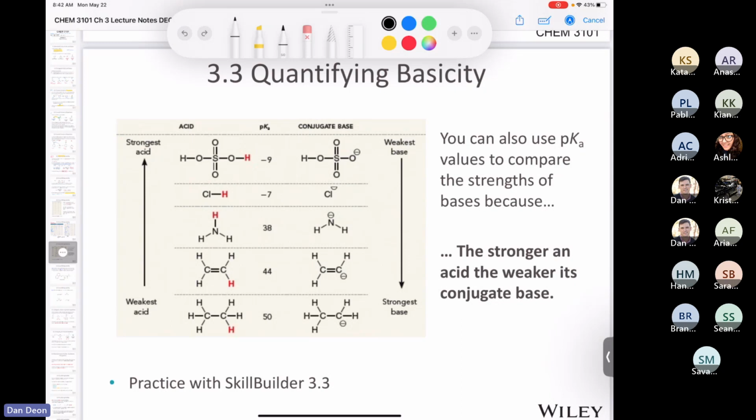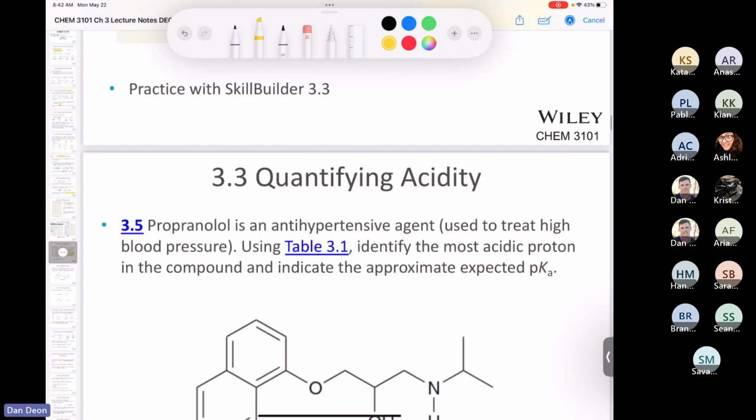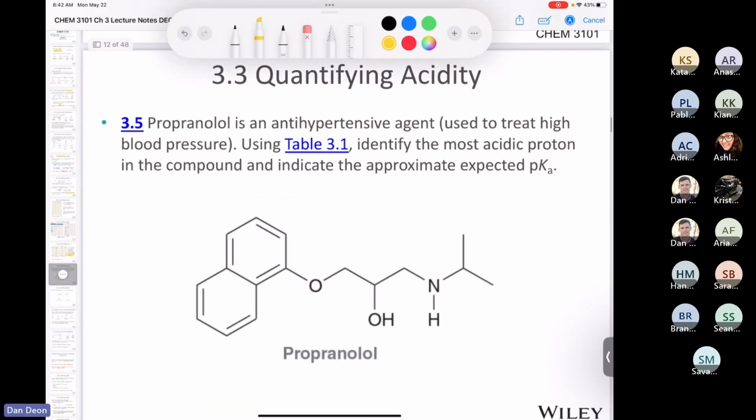But again, this is me just putting it on a slide. You need to know that the stronger an acid is, the weaker its conjugate base is. Is everybody with me so far? Now that we've covered pKa, any thumbs up on that one? Okay. All right, we're going to look at a couple of problems before we move on. We're going to try to identify some protons based on their pKa, and then we're going to look at some equilibria. Okay, so let's move on and take a look at this question here.